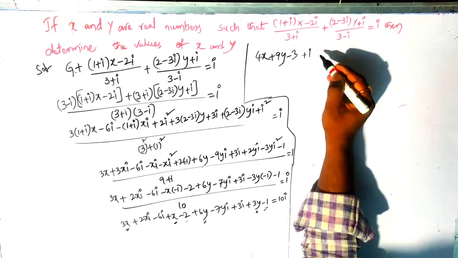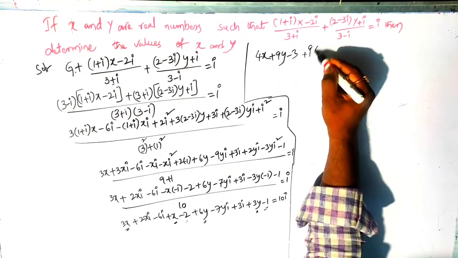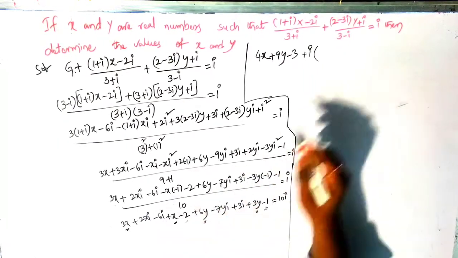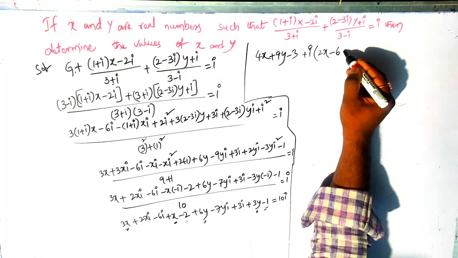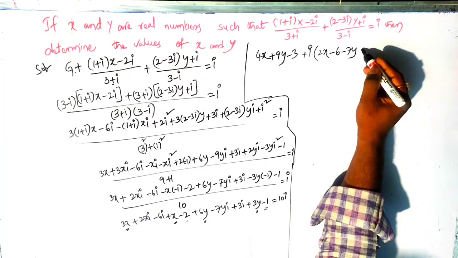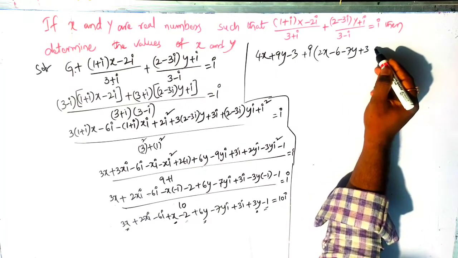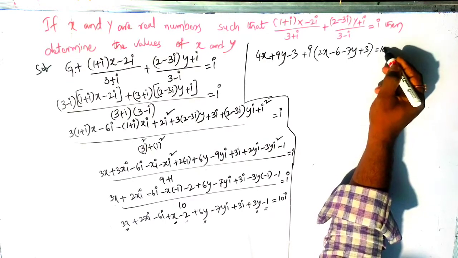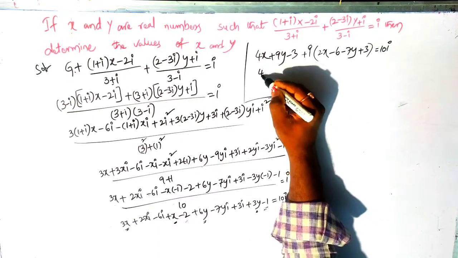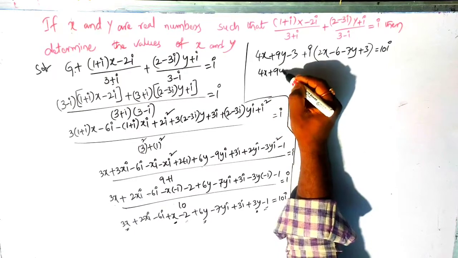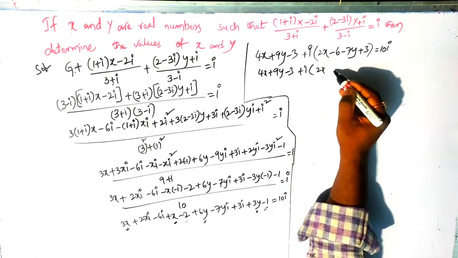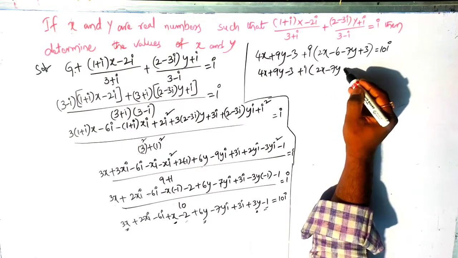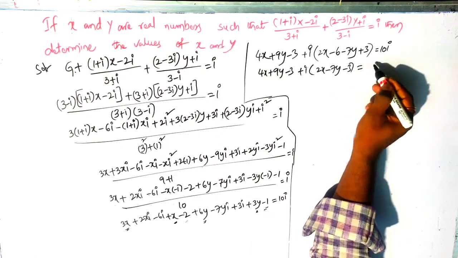Next plus imaginary part, plus i of 2x minus 6 minus 7y plus 3. Okay, that equals to 10i as it is. So 4x plus 9y minus 3 plus i of 2x minus 7y minus 3 is equal to 10i.